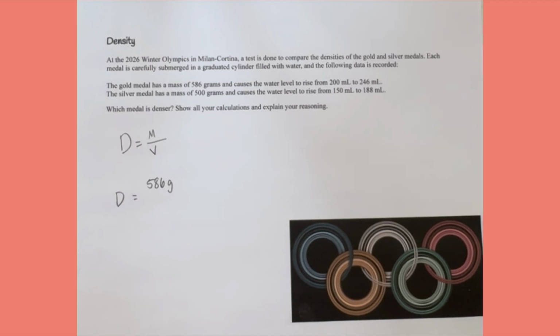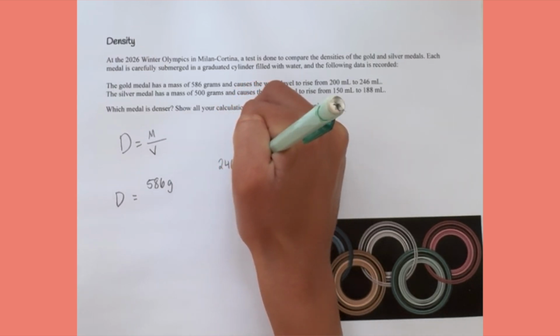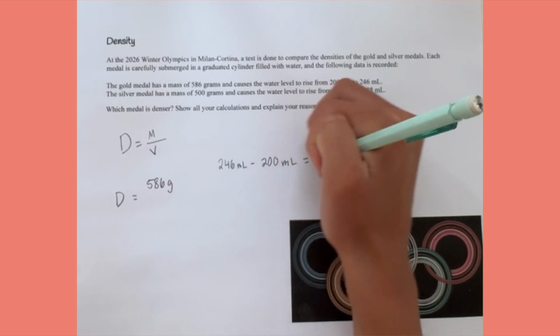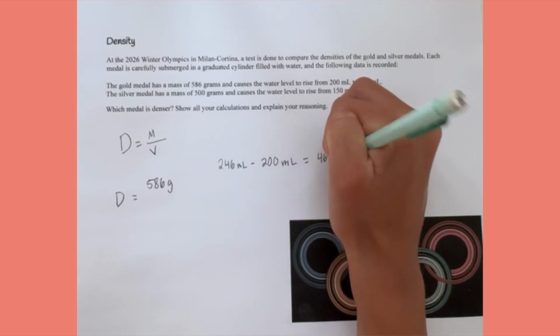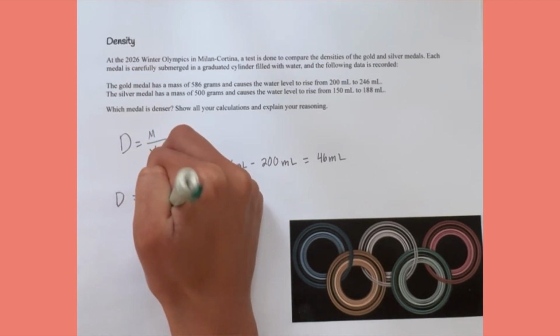The amount it rises by is the volume of the metal, because when you added the metal, it made the volume rise by that much. So you can do 246 milliliters minus 200 milliliters to find the volume, which is 46 milliliters. So for our volume, we plug in 46 milliliters.